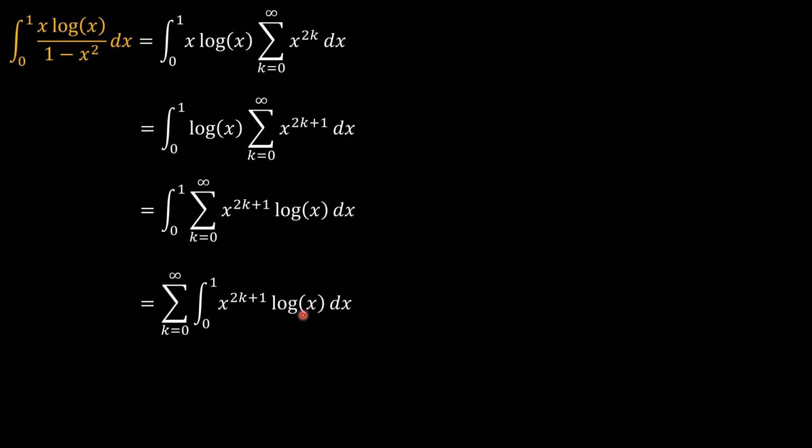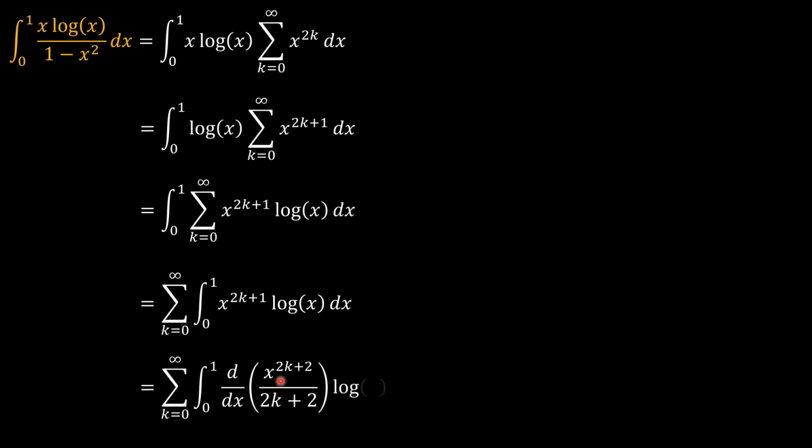So we choose the natural logarithm here to be v so that we can express x to the power 2k plus 1 as a derivative of a certain function, and that is the derivative of the function 1 over 2k plus 2 times x to the power 2k plus 2. So now we can go ahead and use integration by parts to solve this problem.